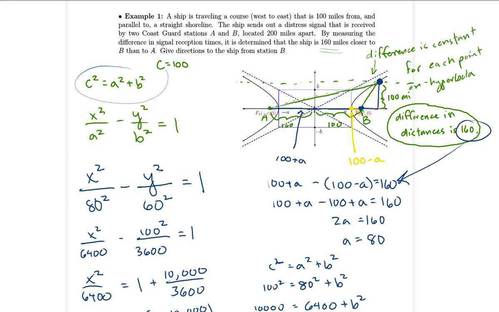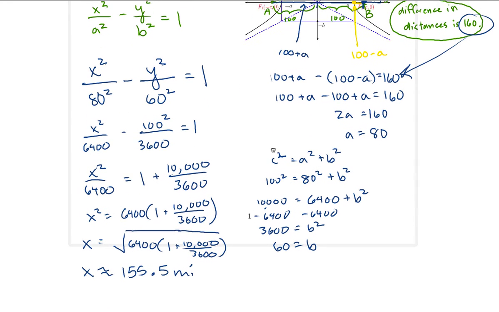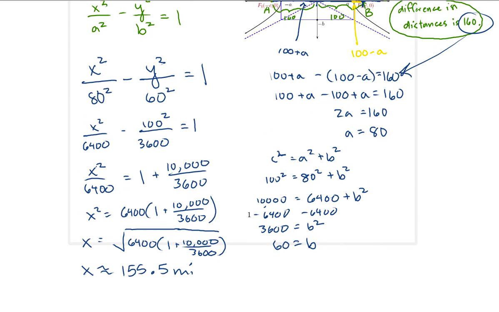Well, since here to here is 100, then this must be 55.5. So the instructions we would give to the Coast Guard or whoever it was would be to go east 55.5 miles and 100 miles out to sea.